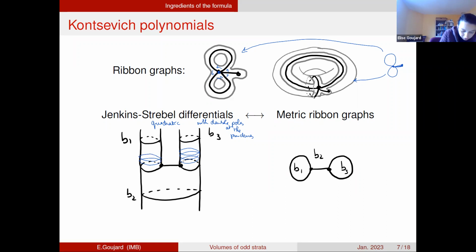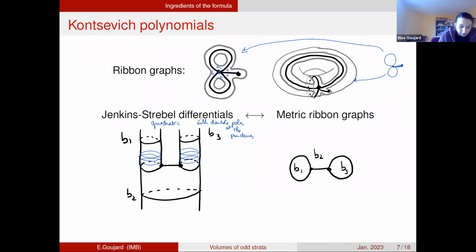I don't speak about the singular ones, but the regular ones are closed. All trajectories are periodic, if you want. So this is what I mean by Jenkins-Strebel differentials. Basically, it's a half translation surface with possibly half infinite cylinders that you can glue. Okay.